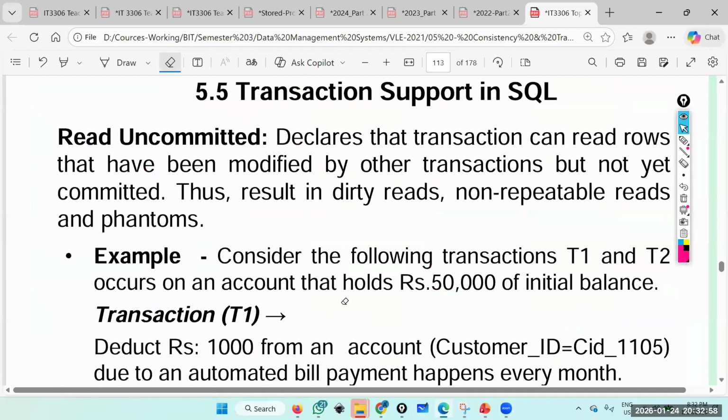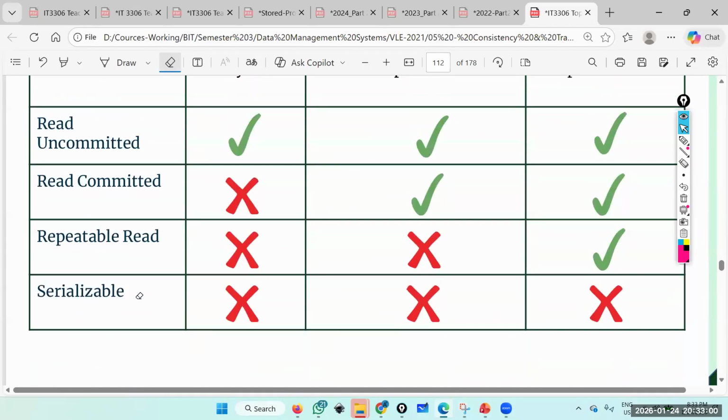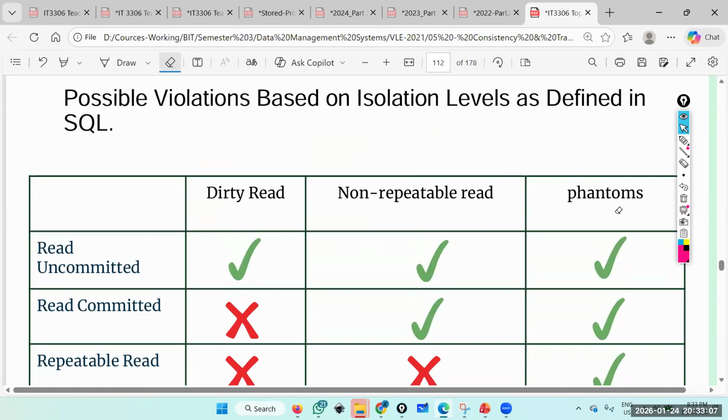Right. In the other example, read uncommitted means any of these issues can happen. Okay. That is phantom, that is insertion in between, non-repeatable read. When you read 2 times, you get 2 different values.